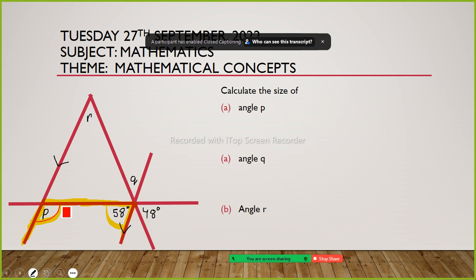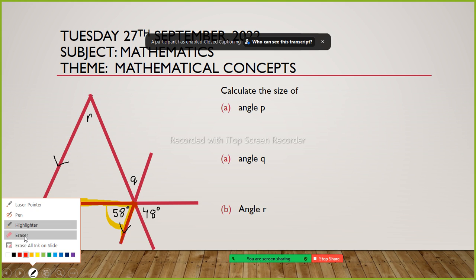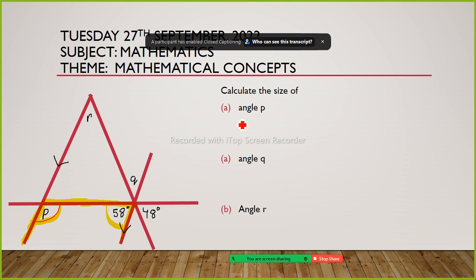All right, so P and 58 add up to 180 degrees. So if you want to figure out what P is, P equals 180 degrees minus what? 58 degrees. What is 180 degrees minus 58?